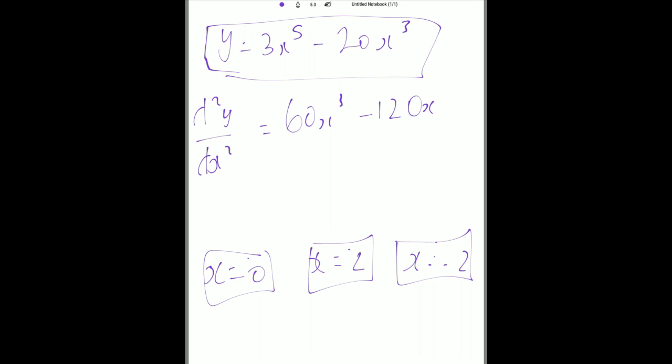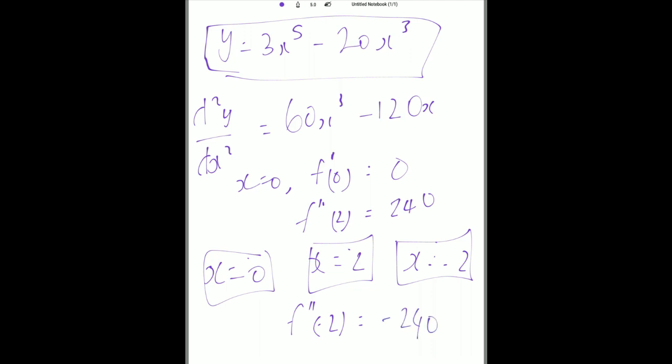For x equals 0, the second derivative is equal to 0. For x equals 2, the second derivative is equal to 240. And for x equals negative 2, the second derivative is equal to negative 240. What is this implying to us?